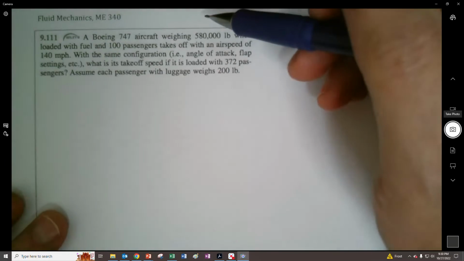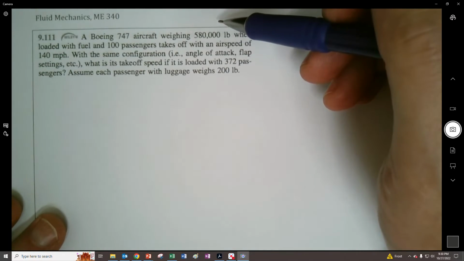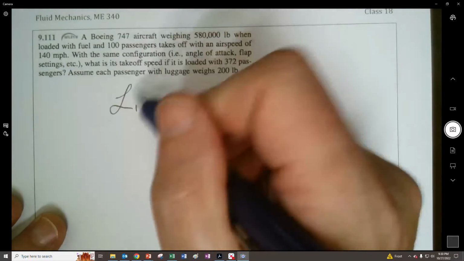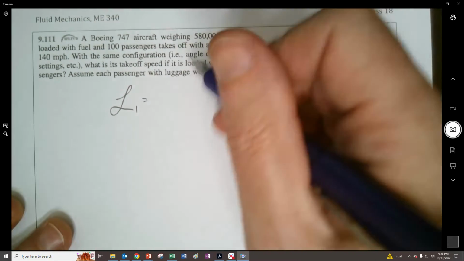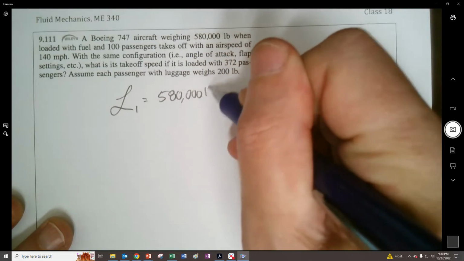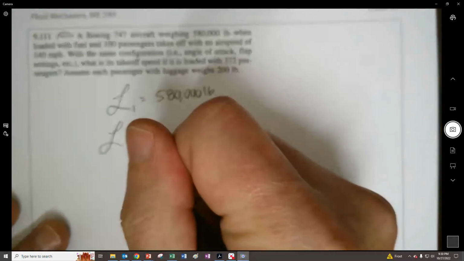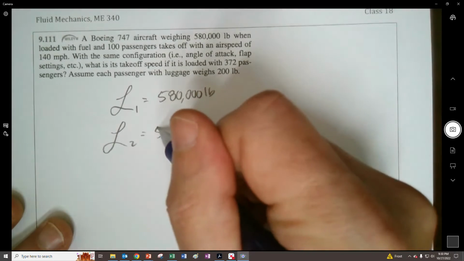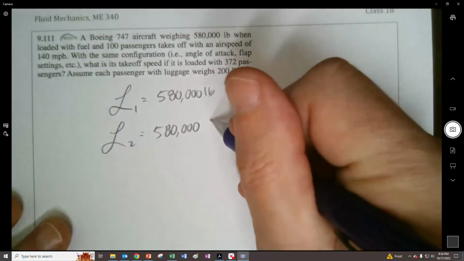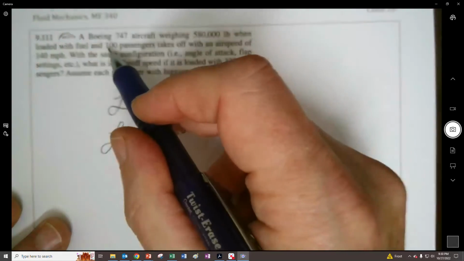Let's not judge. So anyway, I'll say that the lift in the first state, I'm calling 1 as the first state, is going to need to be 580,000 pounds. The lift in the second state is going to be 580,000 plus we're going to have additional passengers, right?